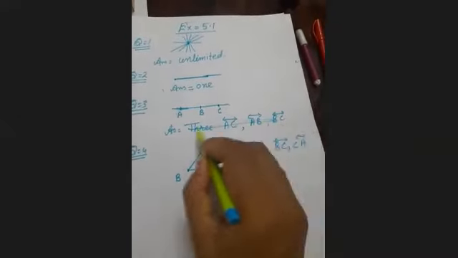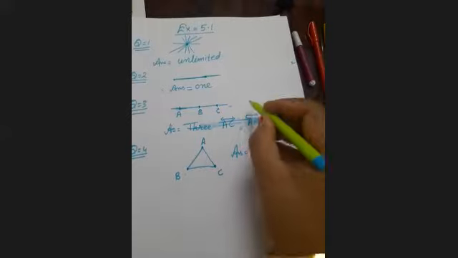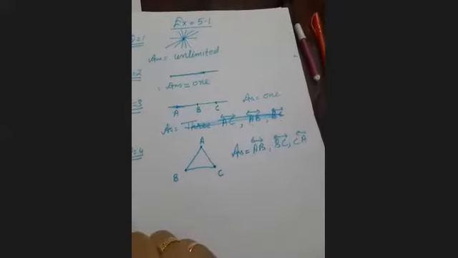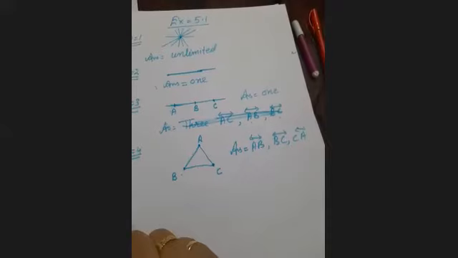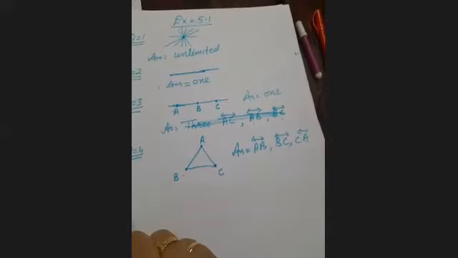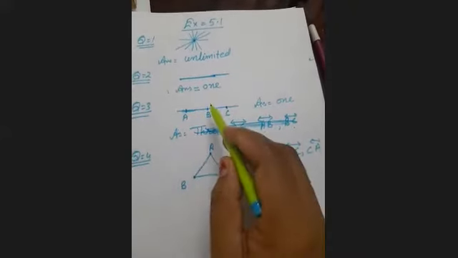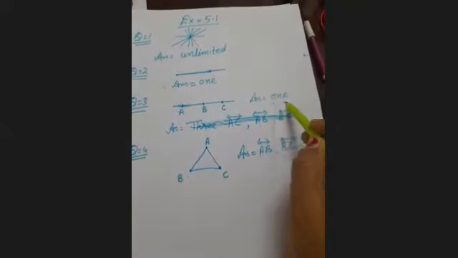Sorry, students. Your answer is 1. Sorry, the answer is 1. In the third question, your statement is how many lines can be drawn through 3 collinear points? Your answer is only 1.